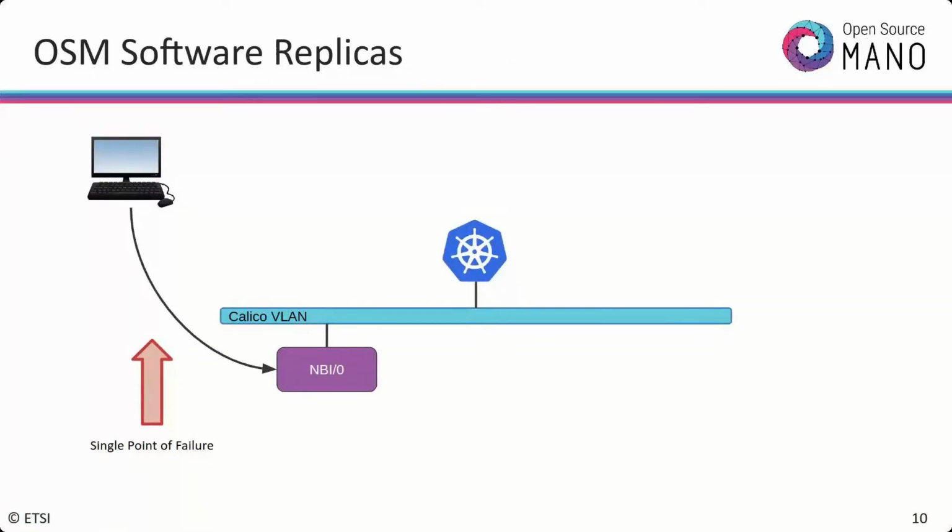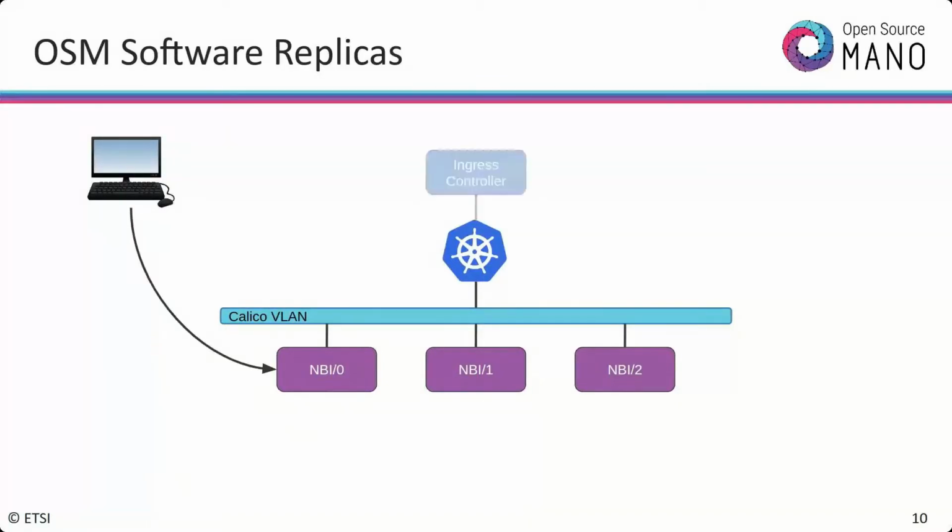So we should have multiple copies of the NBI running, which is great. It removes that single point of failure as there are multiple replicas available. But the client now would need to know which copy of NBI is alive and working, and we've got to figure out which one we should talk to. That is where the Kubernetes Ingress controller comes in.